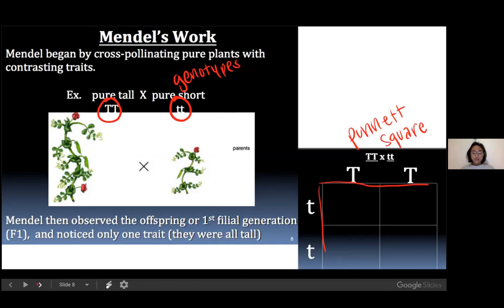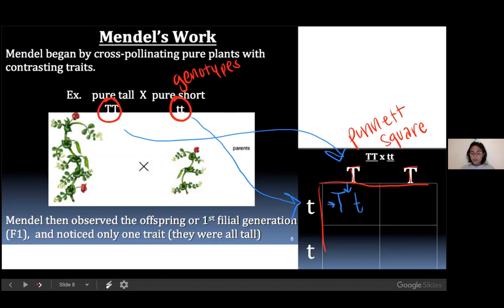What he did was he lined up their genotypes right here. Our really tall plant goes over here, and then our really short plant, he put their genotypes right here, right? Big T, big T, little t, little t. And then he crossed them. He took one allele from the top parent, so that's capital T, and then a little t.